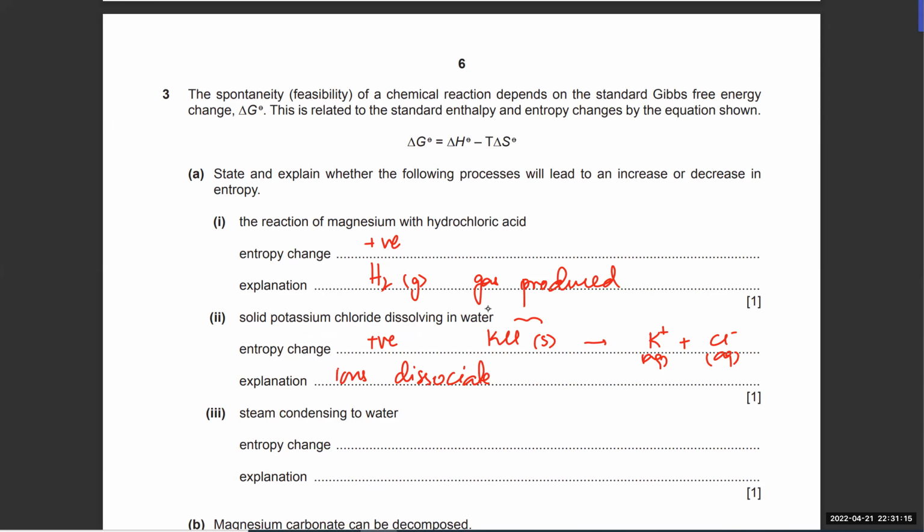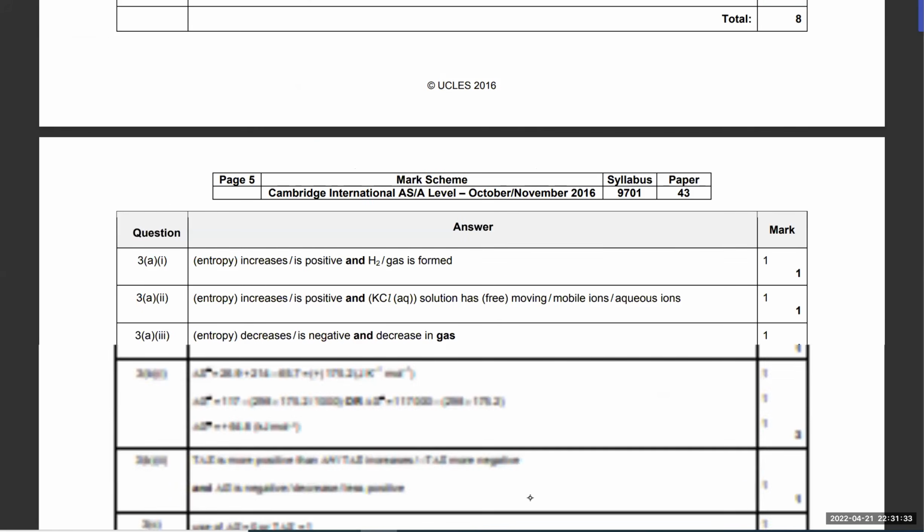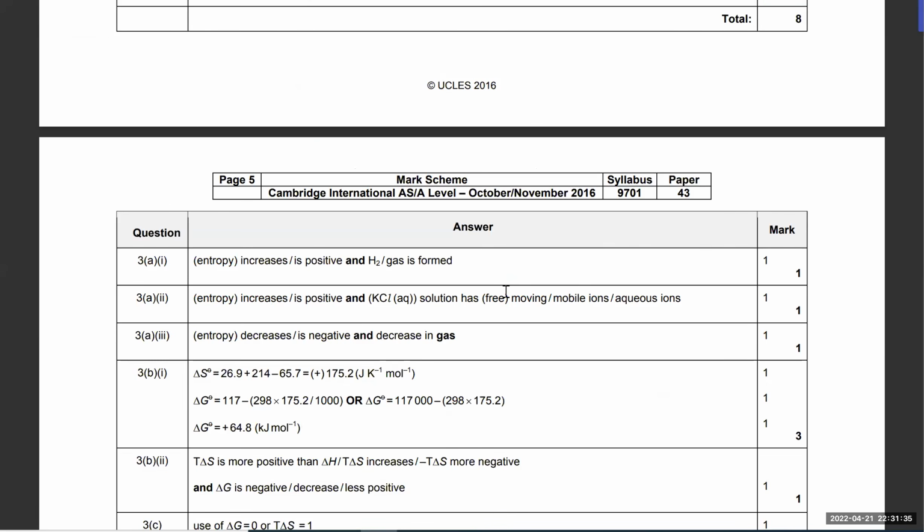You had just one particle, all together, but in water the particles have all dissociated. So ions dissociate, and the number of particles in solution increases. That's just one line. What they wrote was: the solution has free moving aqueous ions.